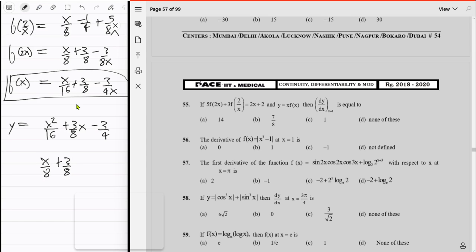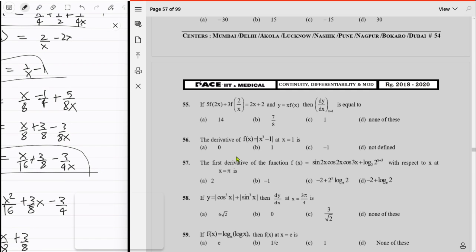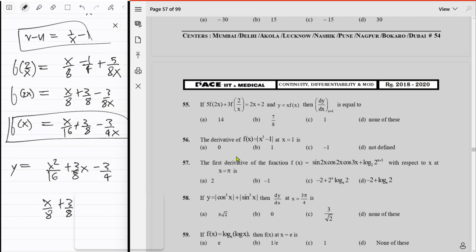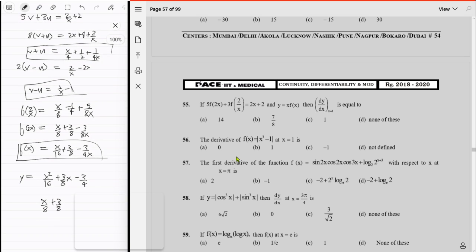This should really just be 1 upon 8 plus 3 upon 8, which is 4 upon 8, which is 1 upon 2. So this should really just be 1 upon 2, but that's not here for some reason. Why is that not here? What went wrong? 7 upon 8? How is that happening? Come on, I did everything correctly, right?